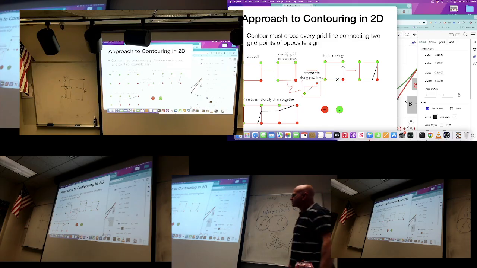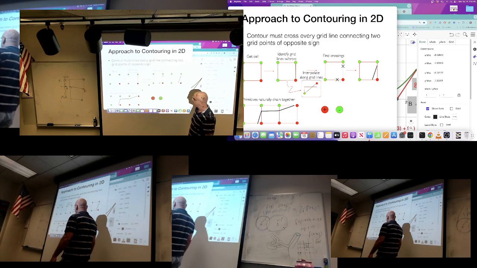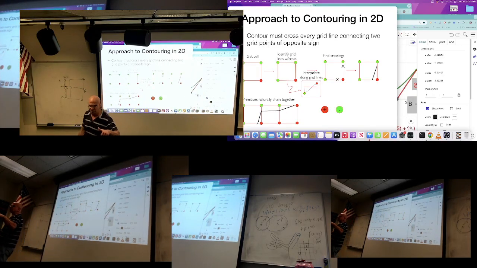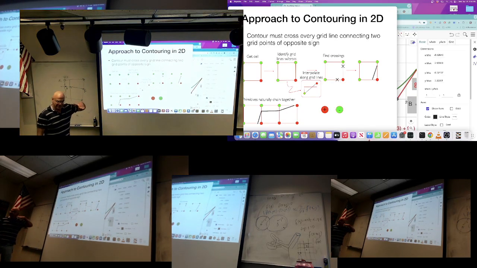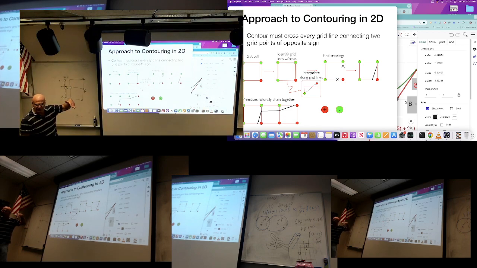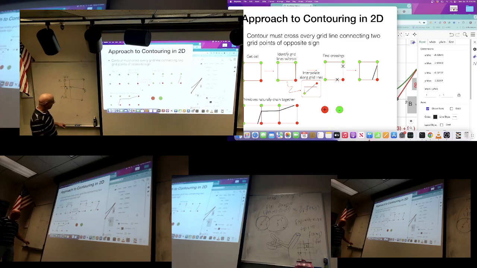So can I use the voxels to generate the surface directly? Remember, I want to have a surface where f of x, y, z equals 0. What happens if inside the voxel I pretend that the function behaves more or less linearly, at least piecewise linear? How can I do it?